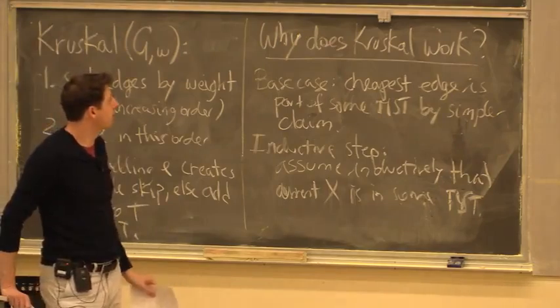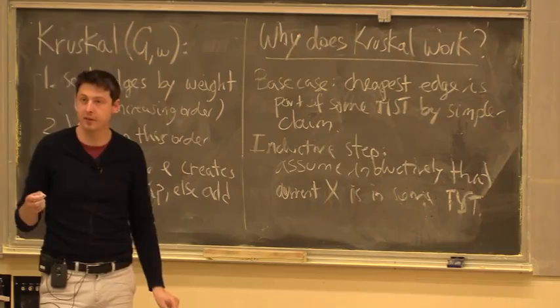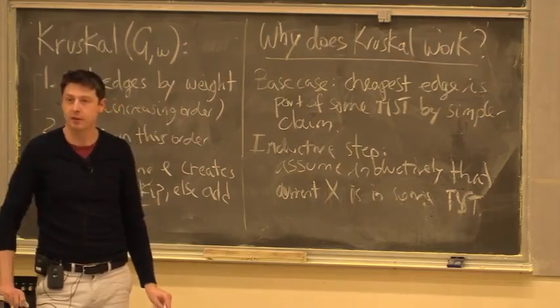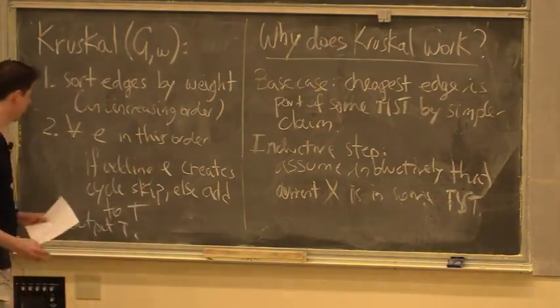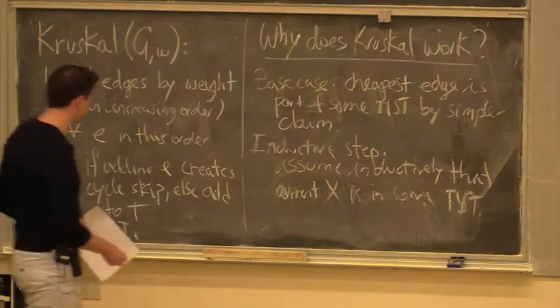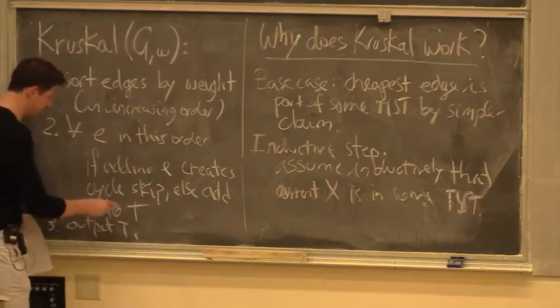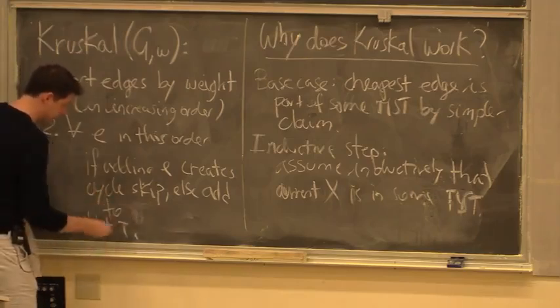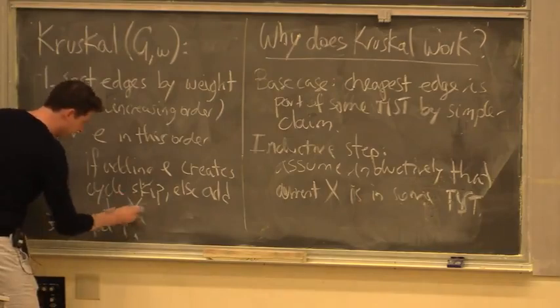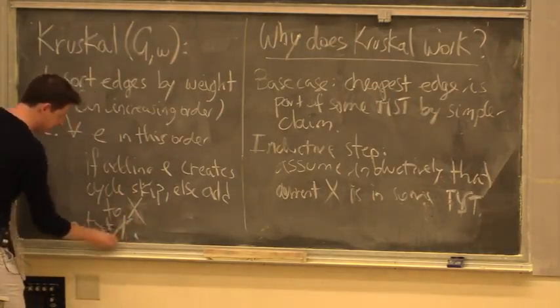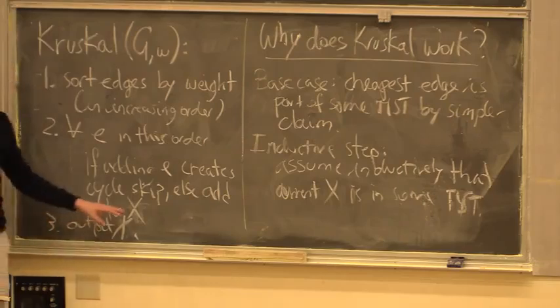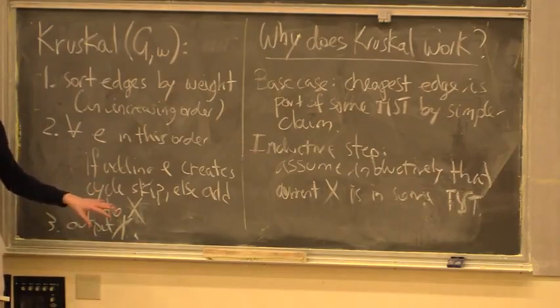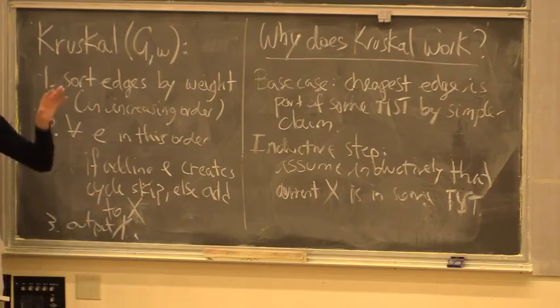I'm going to stop using T and use X, our working variable. X is whatever we currently have in Kruskal. So what I need to define is S. How do I define S?